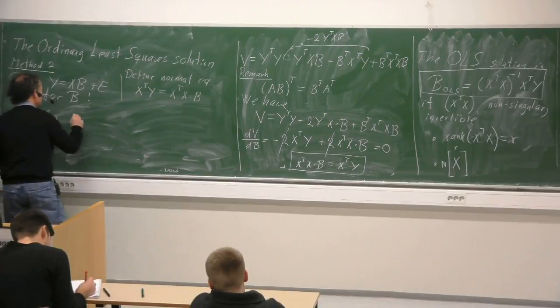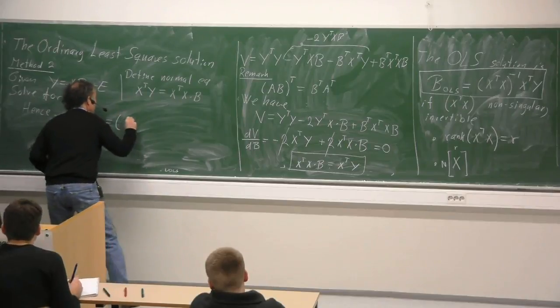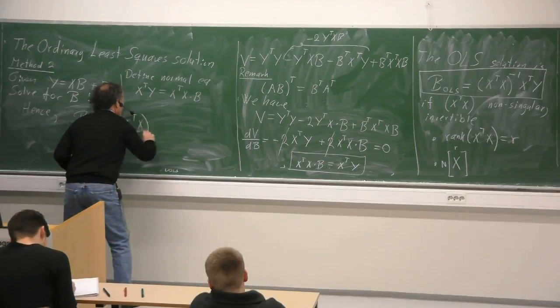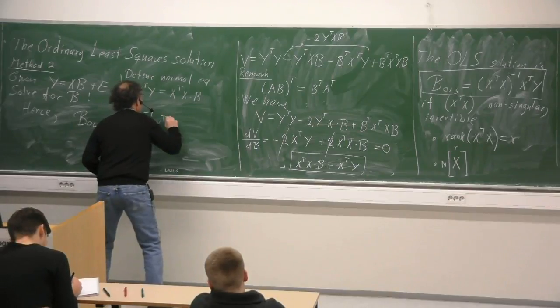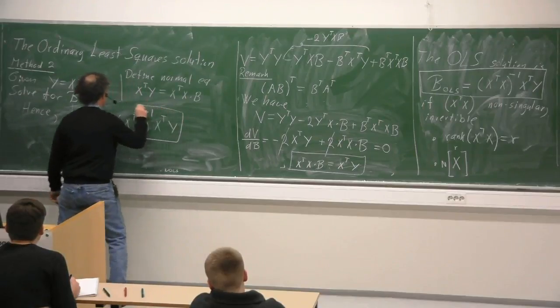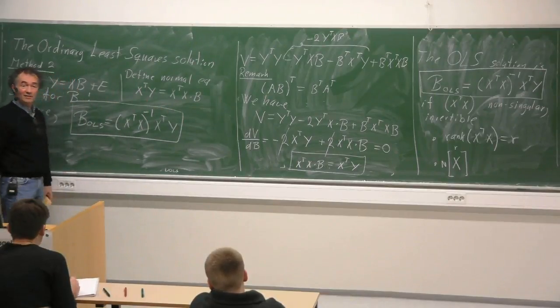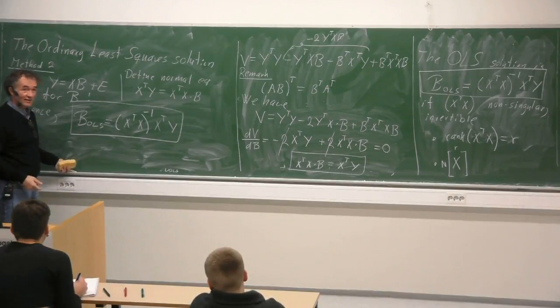Hence, the OLS solution is then B OLS equal to the inverse of X transpose X times X transpose Y. This way of deriving the ordinary least squares solution is much faster. You arrive at the same equation.